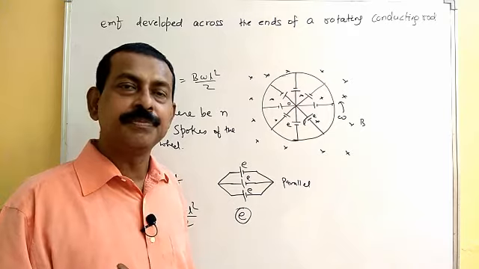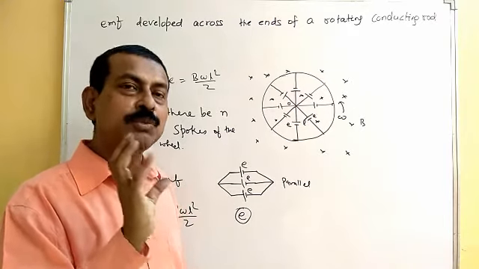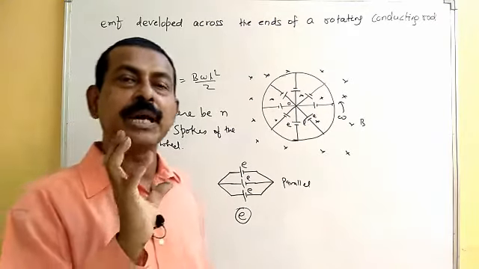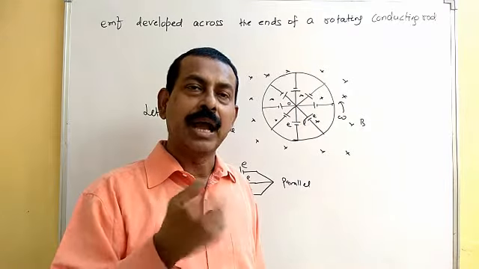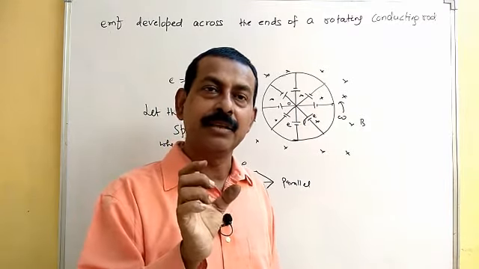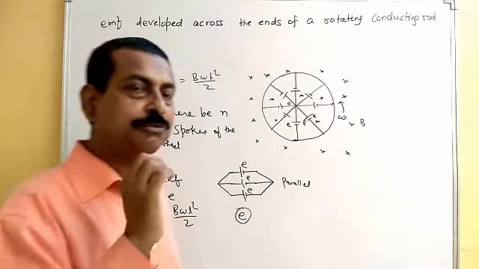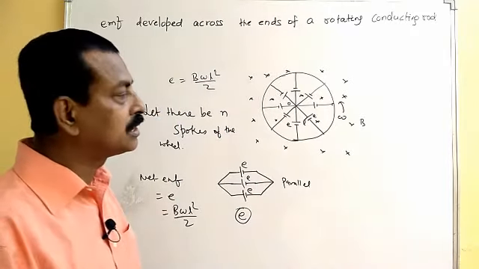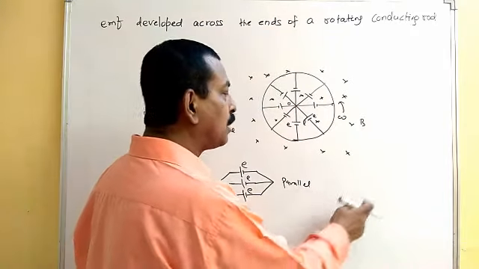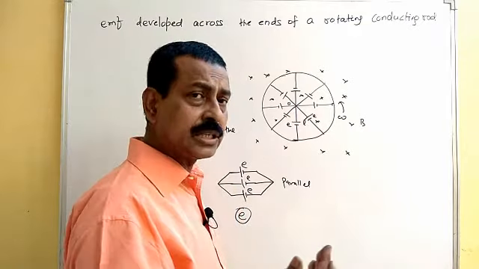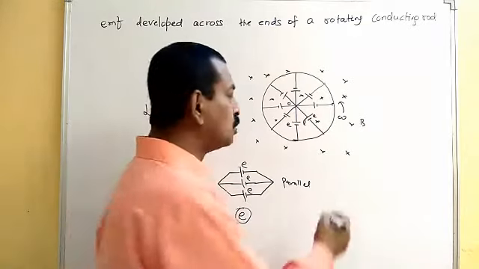You will get a disk. So even if we assume that you have a disk rotating with angular speed omega, and the disk has radius L, the same value of EMF will be there across the center and a point on the circumference of the disk.